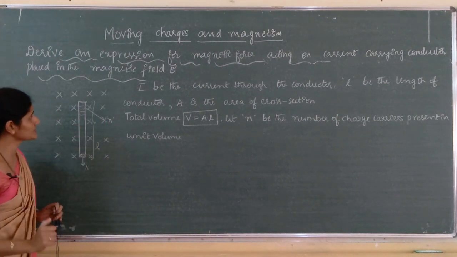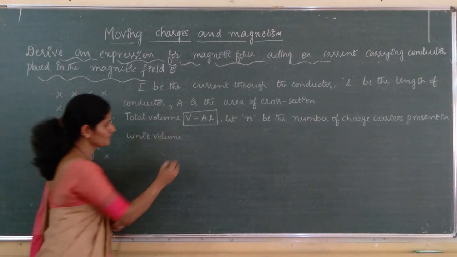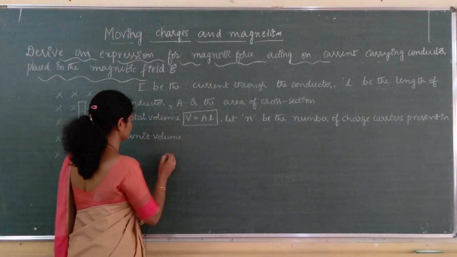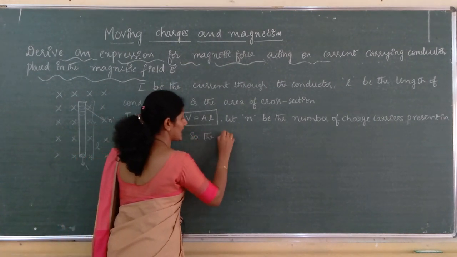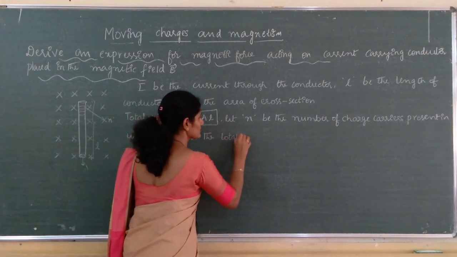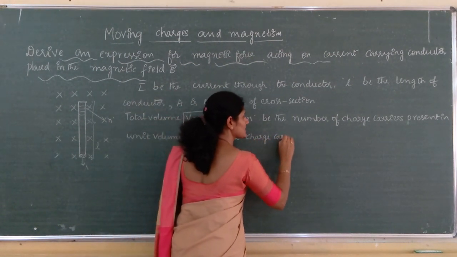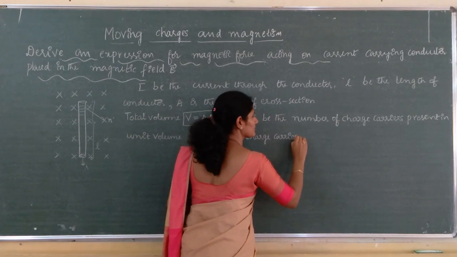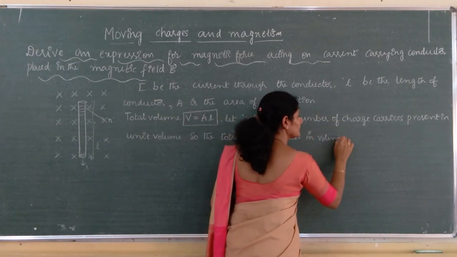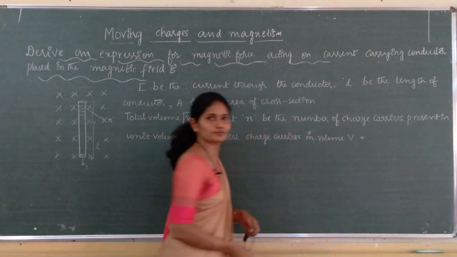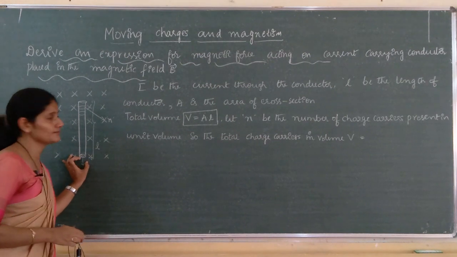Then how many charge carriers are there in the total volume V?